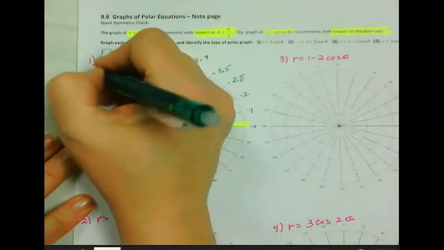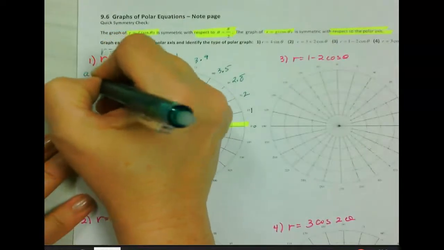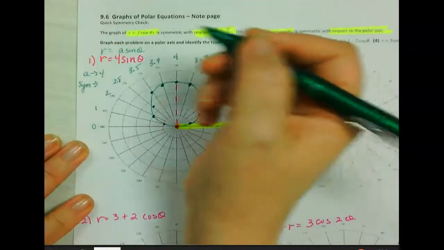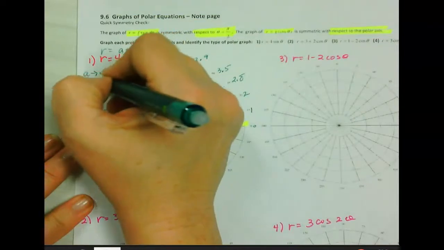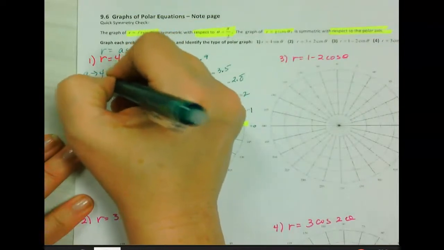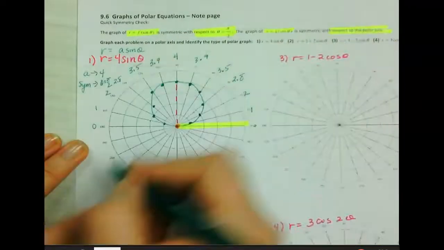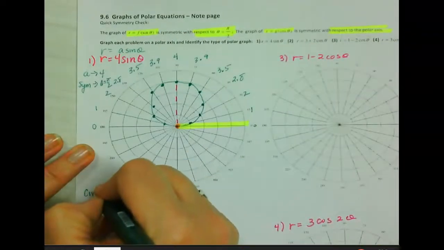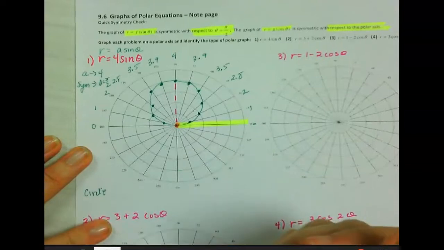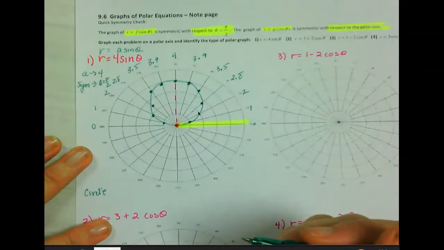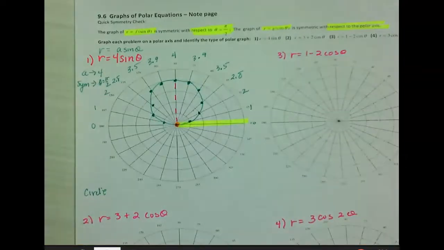And then the symmetry, because we're using a sine function, will be when theta is pi over 2. It is a circle. So what else do we know about this? We're pretty good there, right? Okay, so that's what this one is.